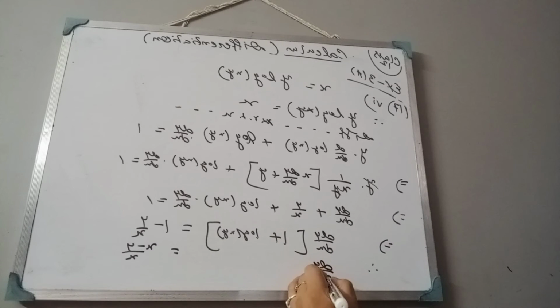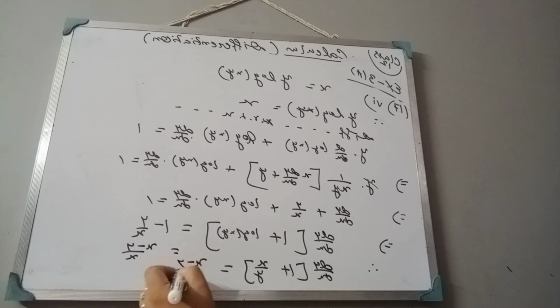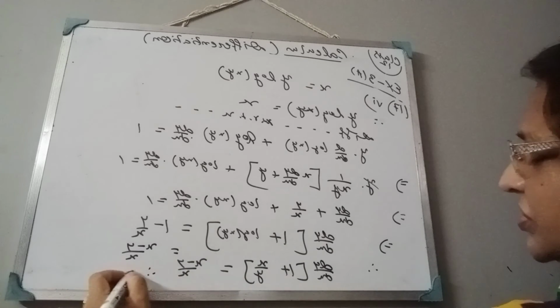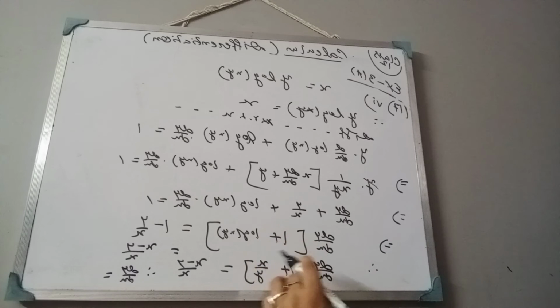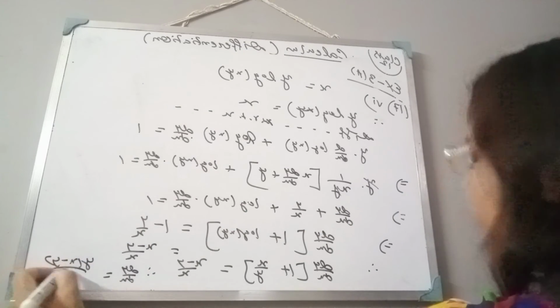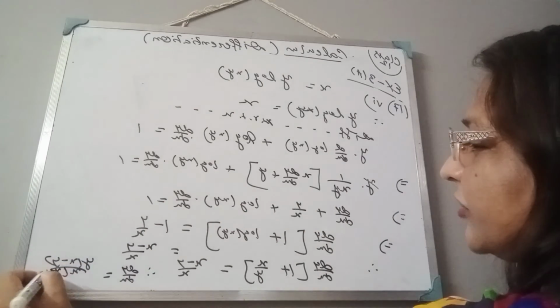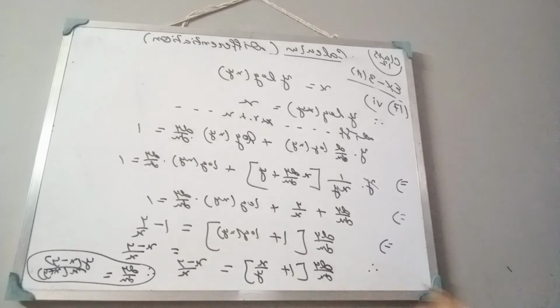So we will write dy/dx into (1 plus x by y) is equal to x minus y by x. Now just do the calculation part. So dy/dx will be y into (x minus y) by x into (x plus y). This will be the answer. Do this calculation part.